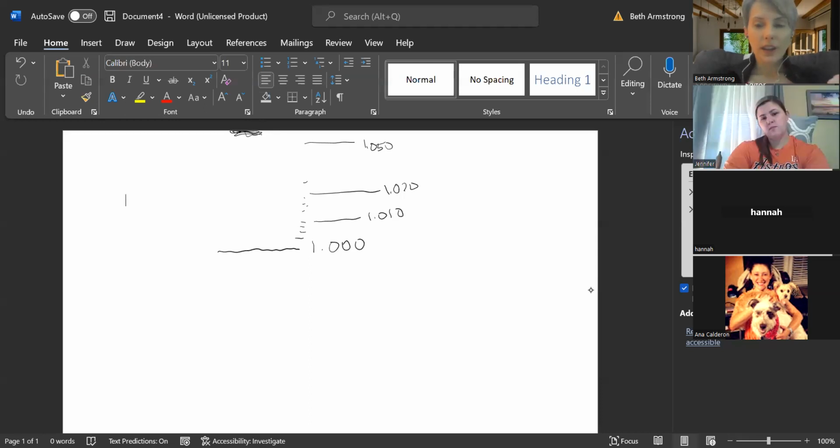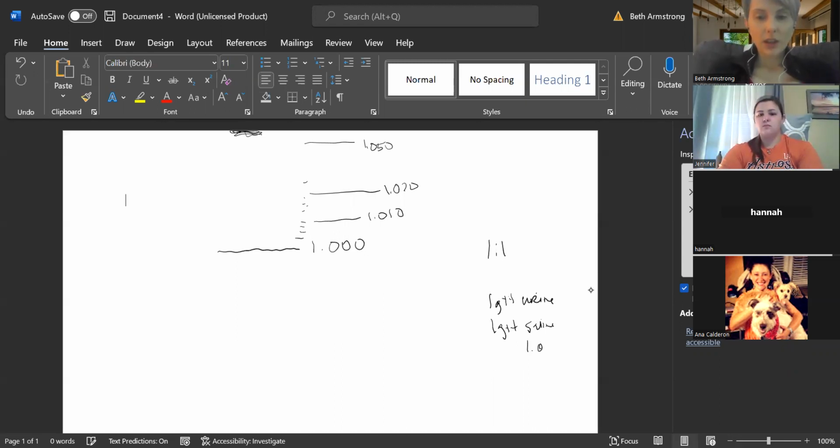So what you did, which is really cool, is that you diluted your urine down 1-to-1, right? So you took 1 drop of your urine and then 1 drop of saline, and you mix them together, because we know that distilled water's specific gravity is just 1, right?